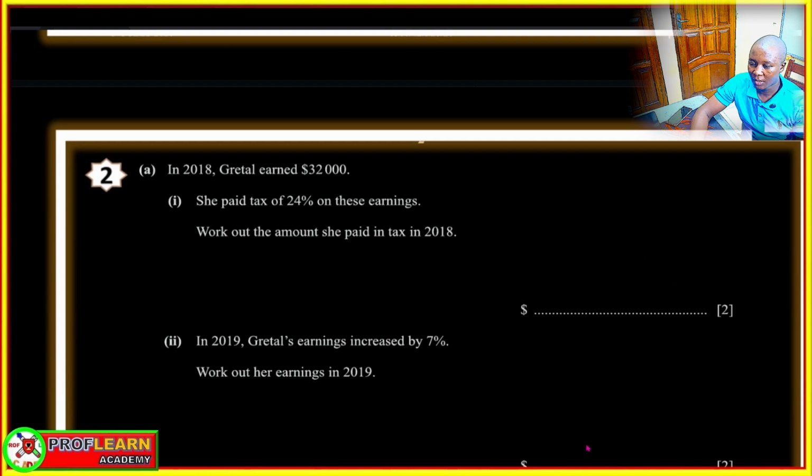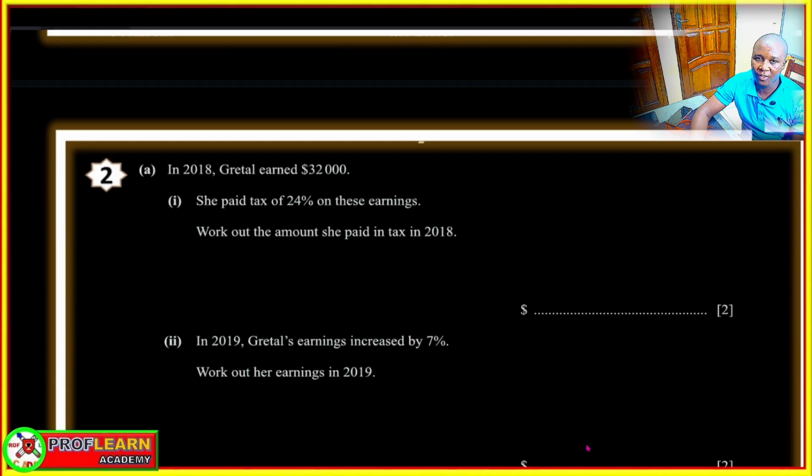Now in question 2, we are talking about in 2018, Gretel earned $32,000. She paid a tax of 24% on this earning. Work out the amount she paid.